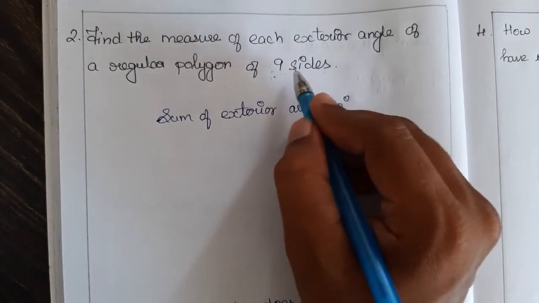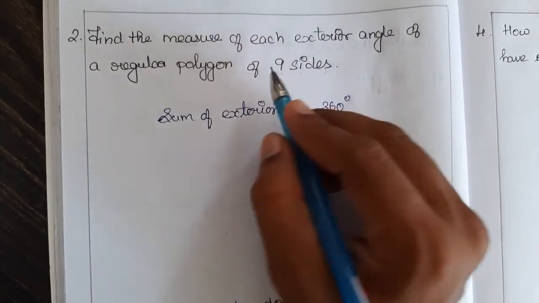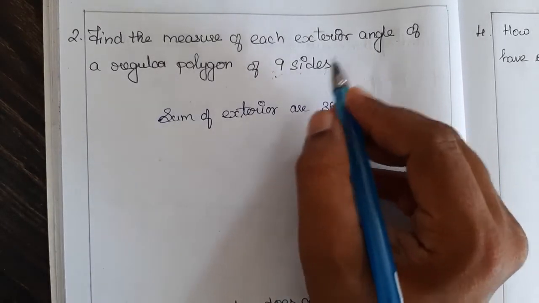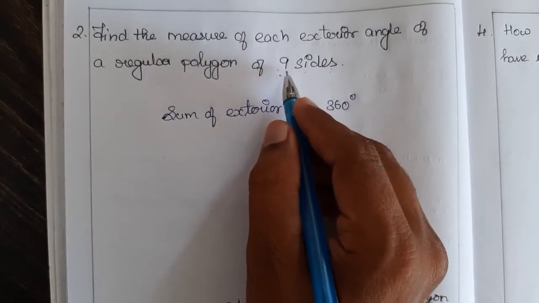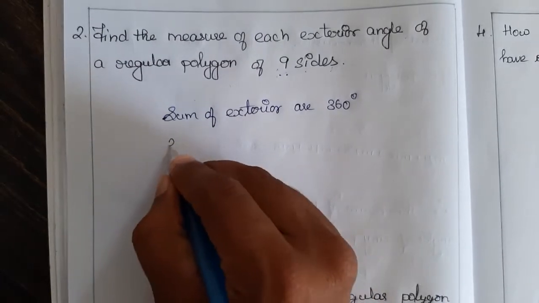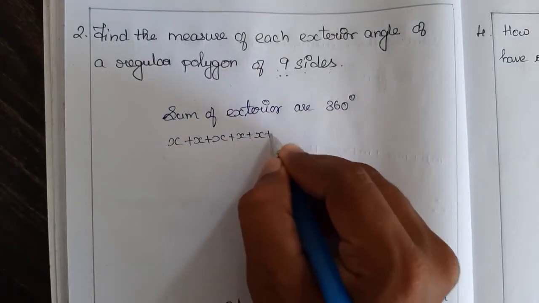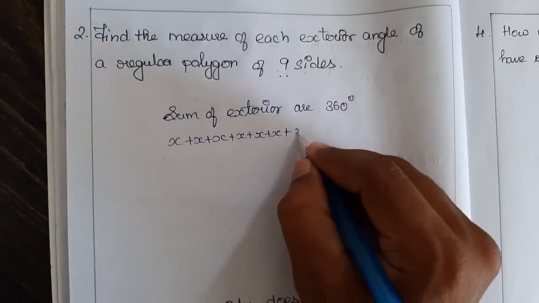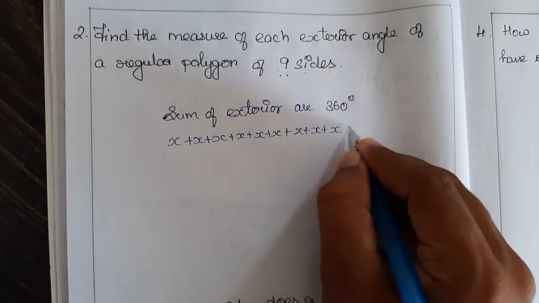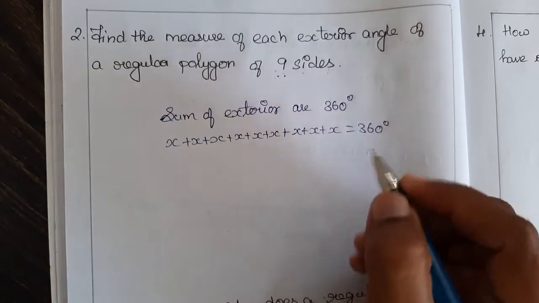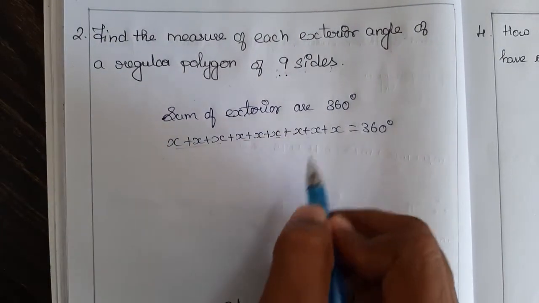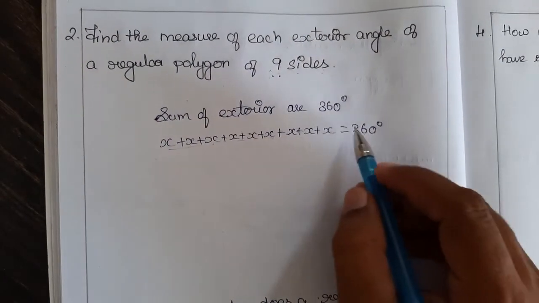So let me consider each as x. So how many angles are there? 9 angles. So x plus x plus x plus x plus x plus x plus x plus x plus x is equal to 360 degrees, right? Totally 9 angles are there. If you add the 9 angles, it should be 360 degrees.